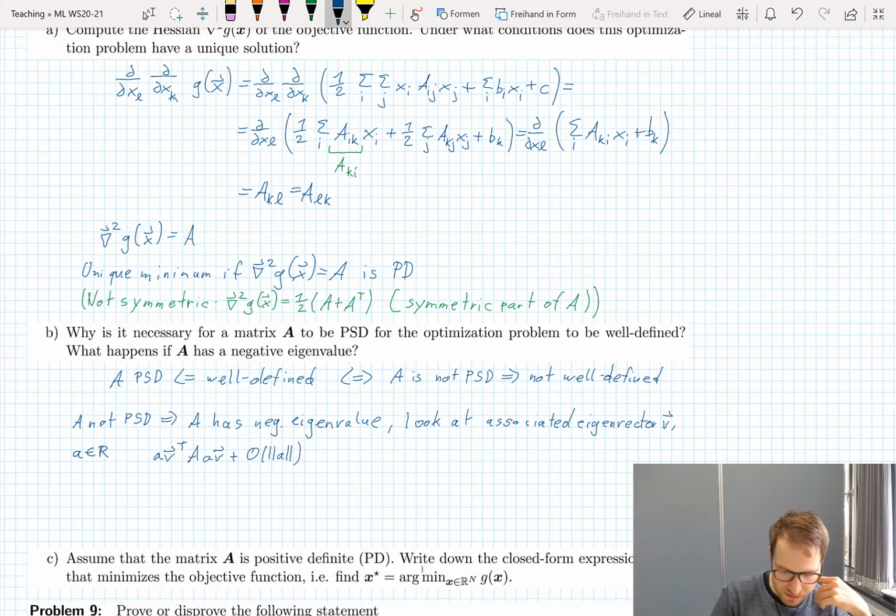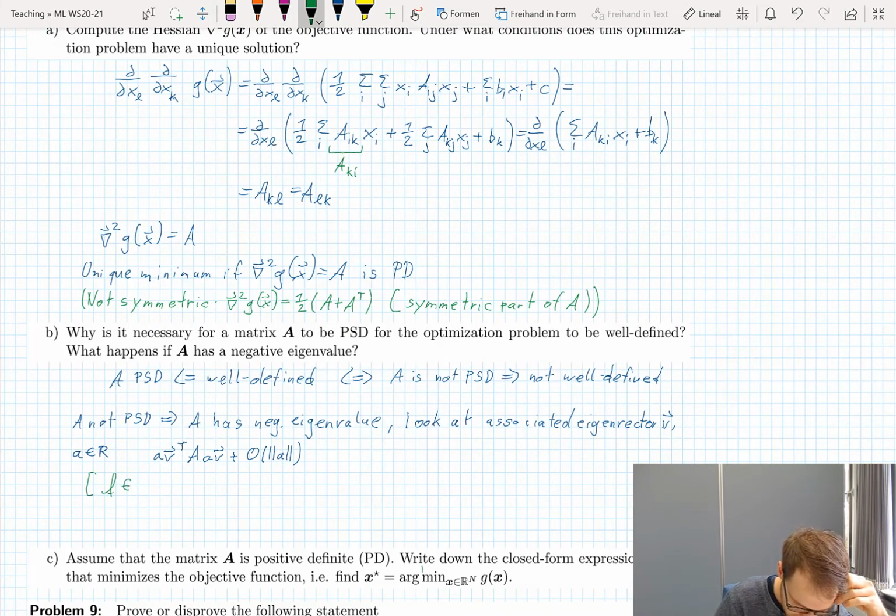This O of alpha basically says that those are smaller terms that grow equally fast or slower than the norm of alpha, while the quadratic term obviously grows with alpha squared. But let's define this O precisely, because some people haven't heard of that.